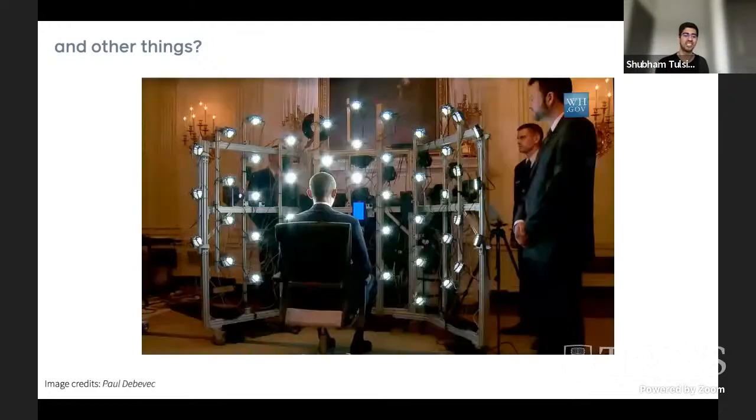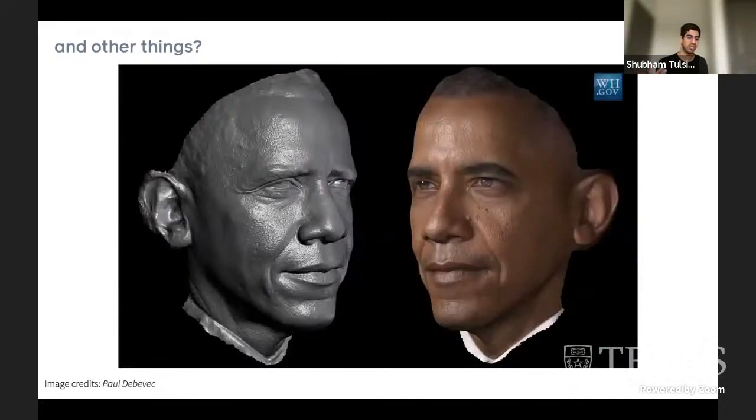Some of these systems are also used to reconstruct other objects of interest, such as sitting presidents, where this image is courtesy Paul Debevec, where they have a dedicated scanning system which can capture a very rich and detailed 3D structure of President Obama. So it's clear that towards this goal of being able to infer the 3D structure, we have made a remarkable amount of progress, and all of these results are examples of the impressive success we've made over the past few decades.